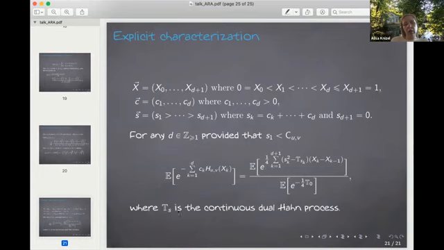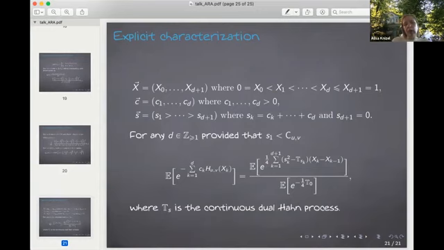The expectation of this observable, the exponent of minus a linear combination of H_UV at locations x_k, can be written as the ratio of expectations with respect to this process, which we call the dual Hahn process.